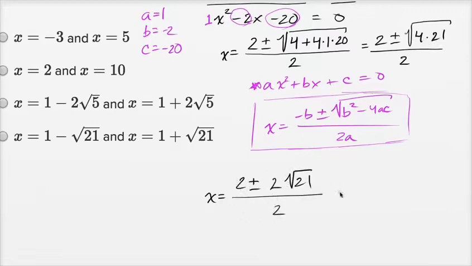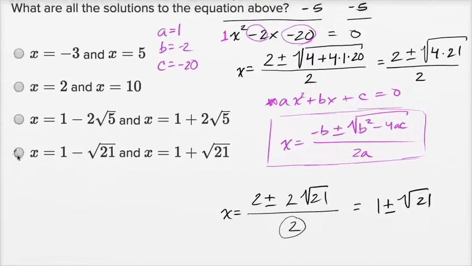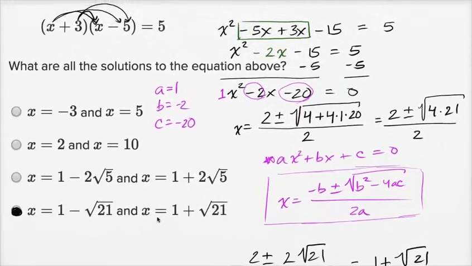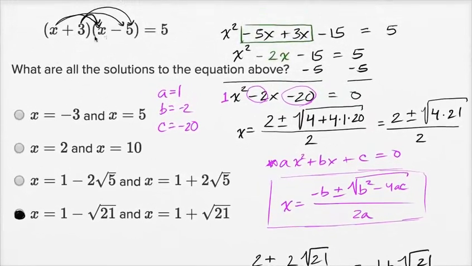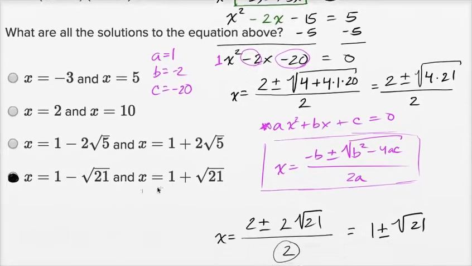So if you divide each of these by 2, which we are doing right here, it's going to be 1 plus or minus the square root of 21, which is this choice right over there. So it looked like a fairly benign thing, but we had to multiply it out, set it up in a form where the quadratic formula would apply, and we got a fairly hairy answer.